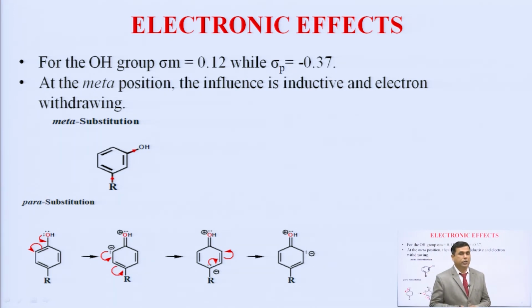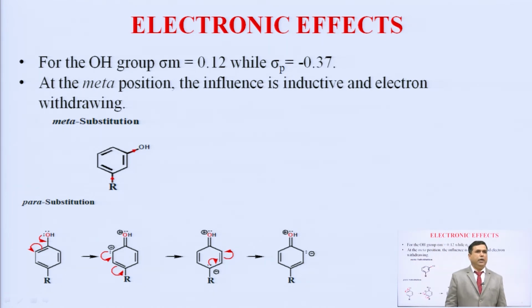So, the value indicates that the presence of this OH group, either at meta or para, will affect the properties of the molecule. The influence of this hydroxyl group at meta or para also affects the biological activity.